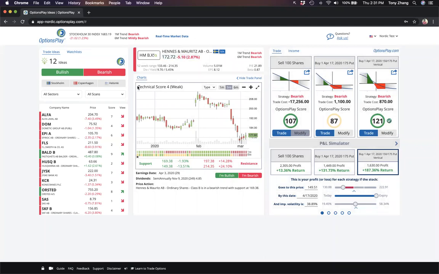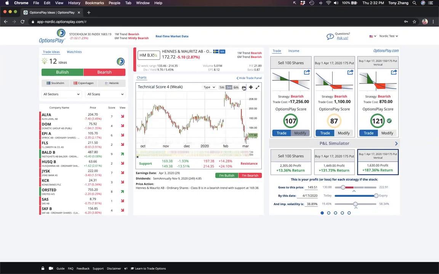The current technical score here is relatively weak, telling me this is a stock that's underperforming the overall market. 1 month and 6 month trends are bearish. It's been bearish for quite a few days here on February 24th. Many stocks turned lower on this particular day, and it's still below that 183, 184 support level that it formed before that recent move to the upside. I believe that was actually on earnings.